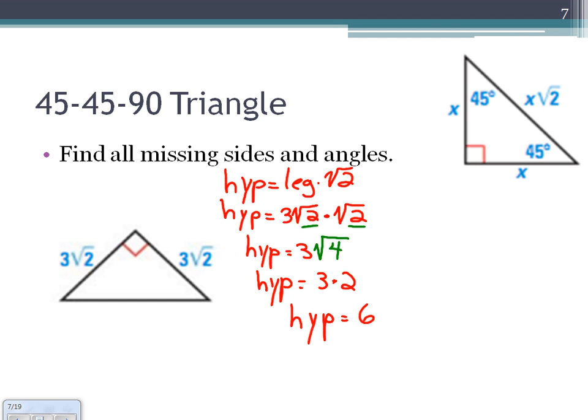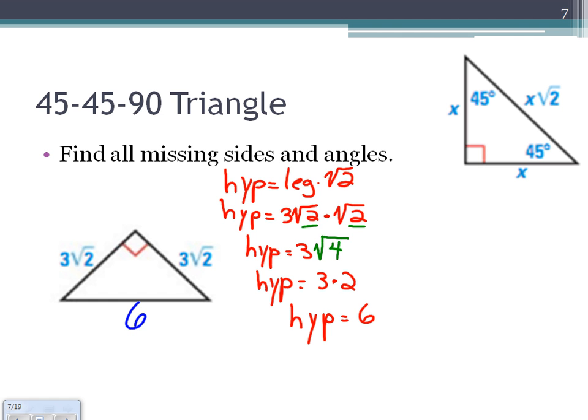Okay? Any questions on that problem? That's the final answer. You have to simplify it. Any questions before I move on to a new one? So I know my final answer then. This must be 6.